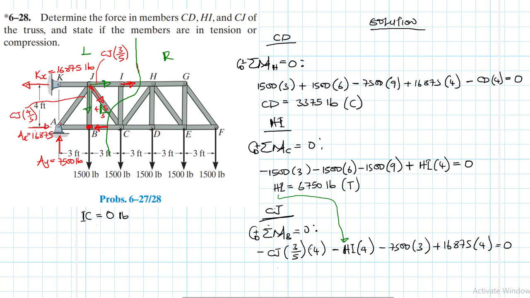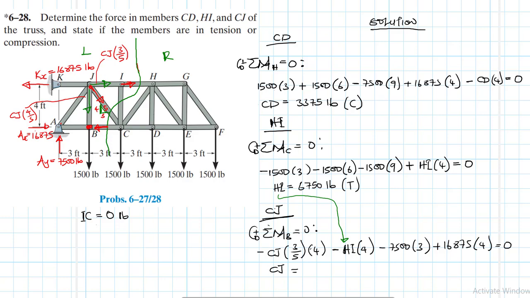Therefore, our CJ is going to be equal to, let's grab the calculator, minus 6,750 times 4, minus 7,500 times 3, plus 16,875 by 4.